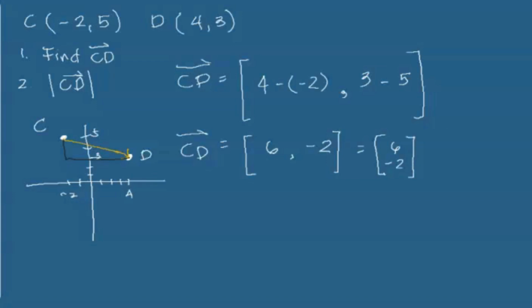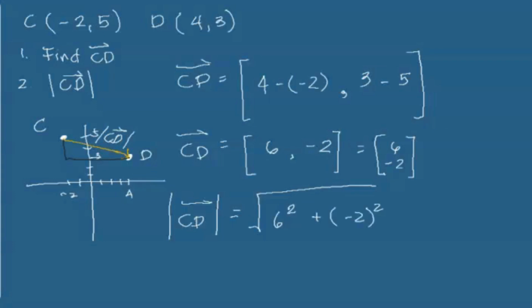And now let's calculate the length of vector CD. Okay, so this is CD length. Using the Pythagorean theorem, that is the square root of 6 squared plus negative 2 squared.